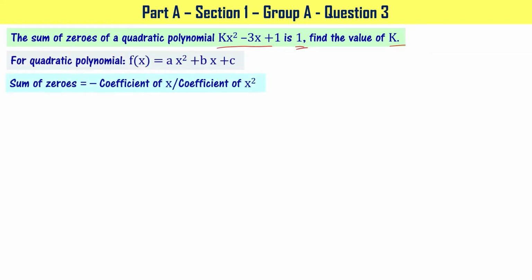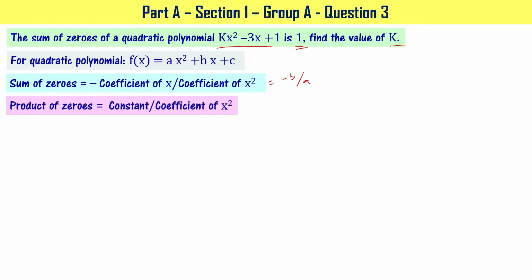We know that for a quadratic polynomial f of x equal to ax square plus bx plus c, we can write the sum of zeros as negative of coefficient of x divided by coefficient of x square, right? It means it is minus b by a, right? You must have learned this in the polynomials chapter. And we know that the product of zeros can be written as the constant divided by the coefficient of x square. But this is not important for us in this particular problem.